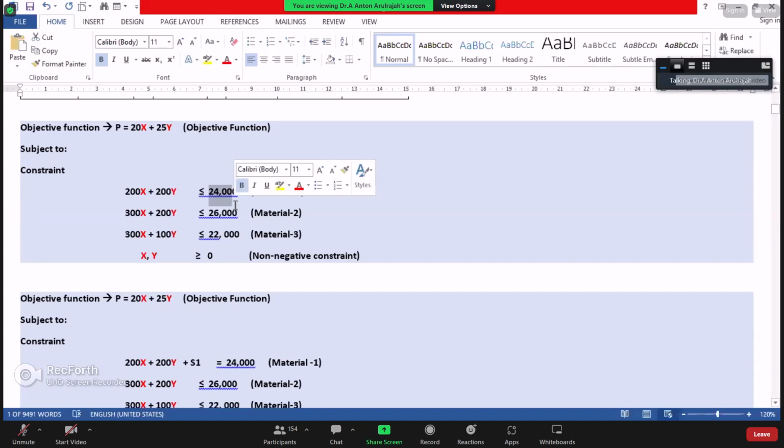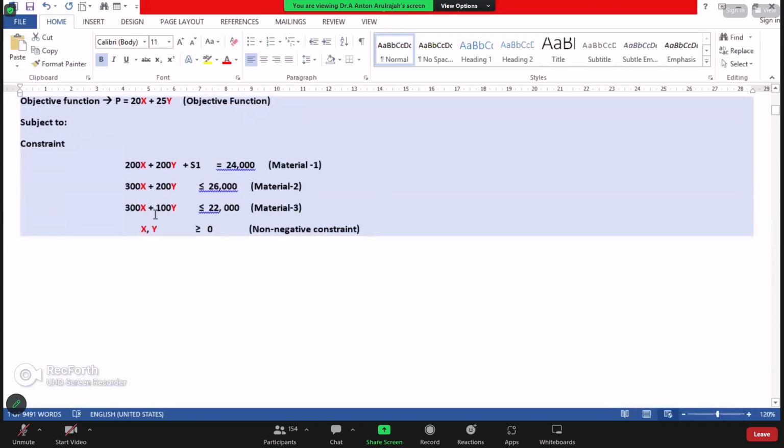The balance is 4,000. To represent that balance, we need a variable, called a slack variable. That's why we are using a slack variable.